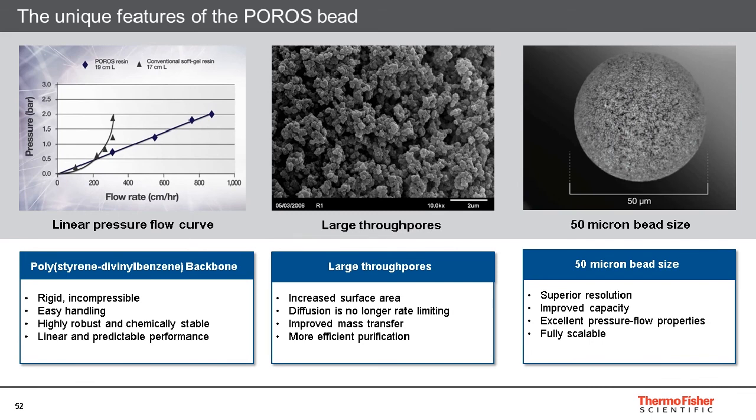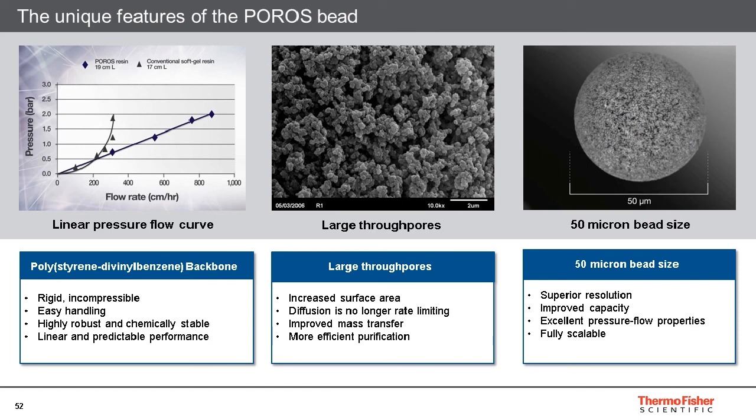The other technology which you can benefit from is known as the POROS bead, which is described here very, very briefly. It's a backbone for chromatography, for large-scale chromatography, which has an absolutely unique structure made of an extremely rigid plastic polymer. It's also highly proven in the industry.